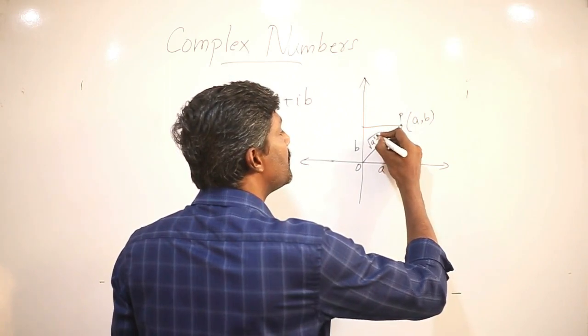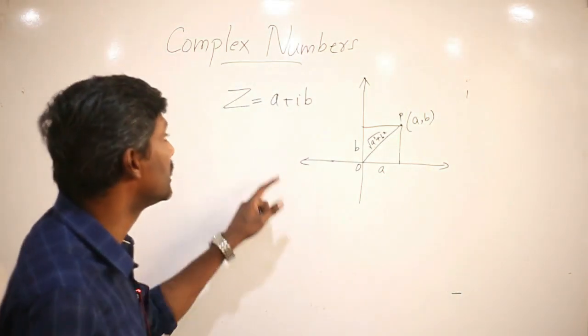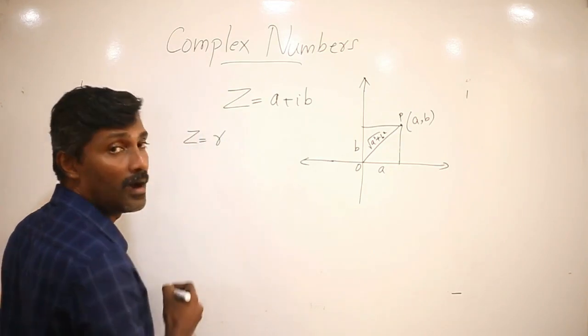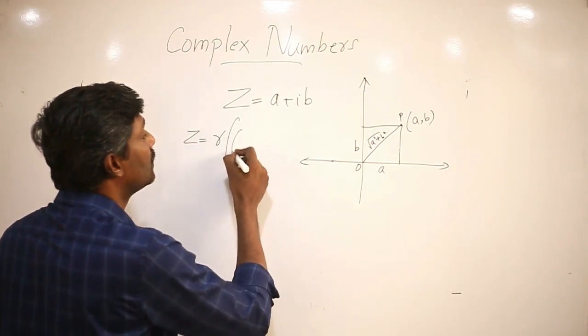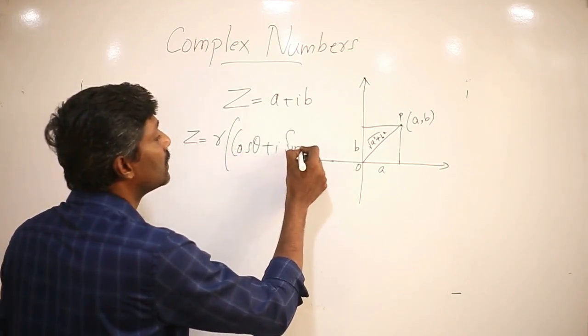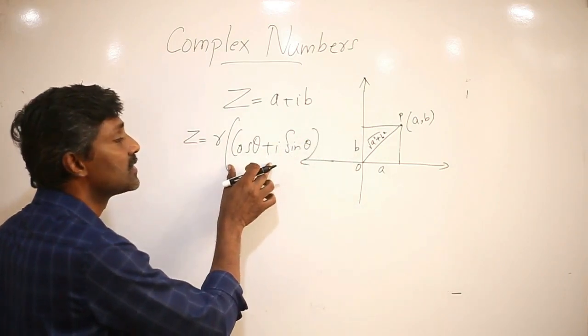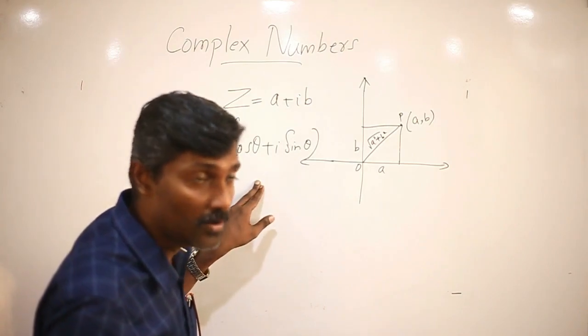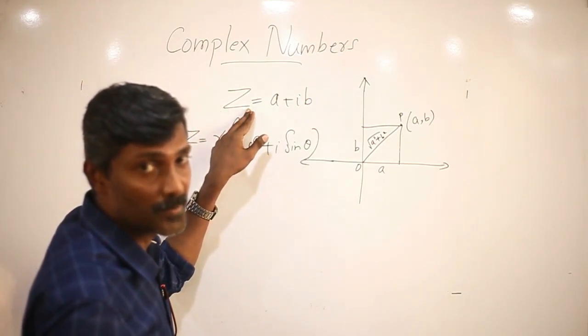Now what is the polar form of this complex number z? You would write z is equal to r into cos theta plus i sin theta. So this is the polar form of the complex number z is equal to a plus ib.